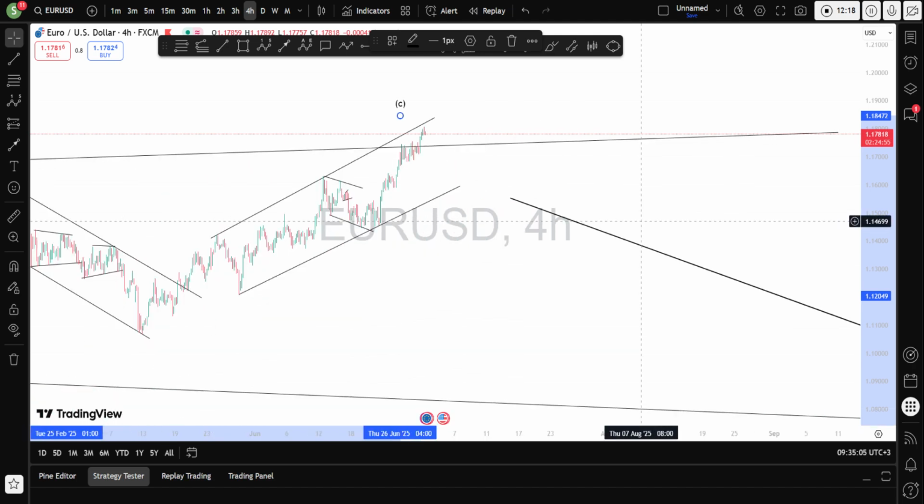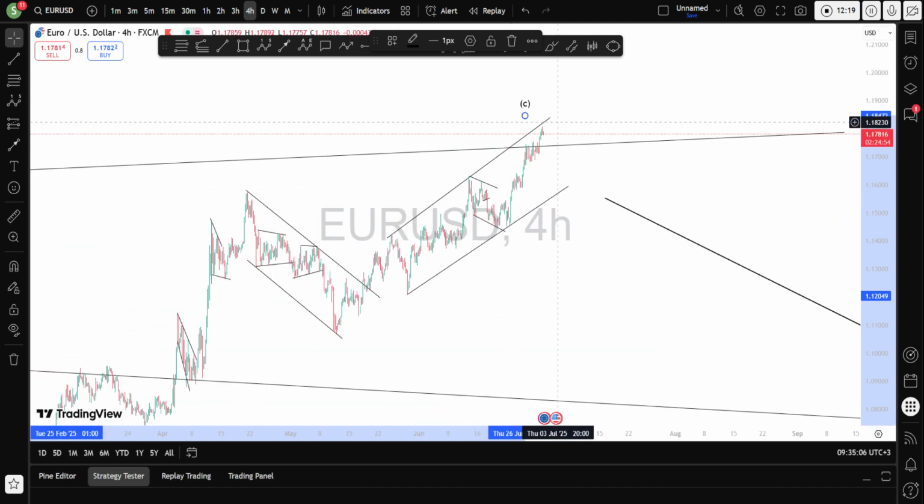So this means we'll be having our entry here, stop loss above the trend line or above the fifth touch. This was first, two, three, four, fifth touch, which is a reversal pattern.